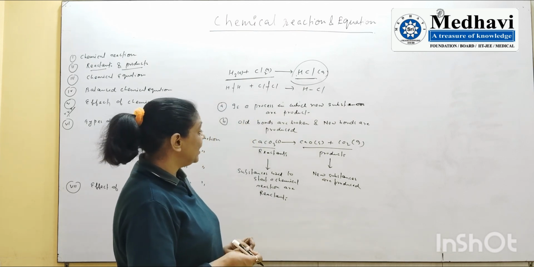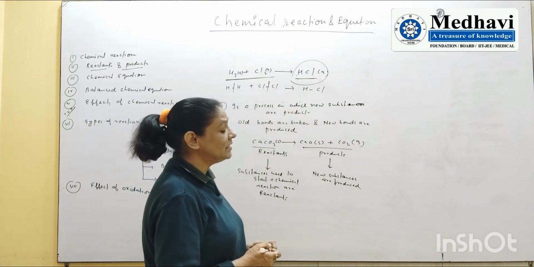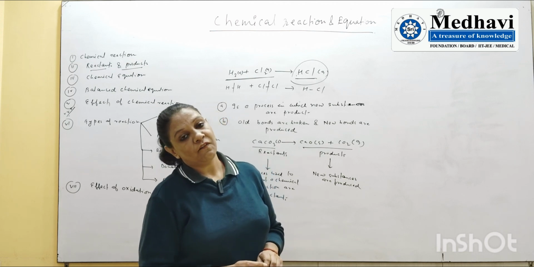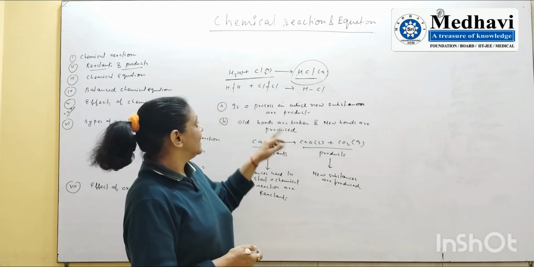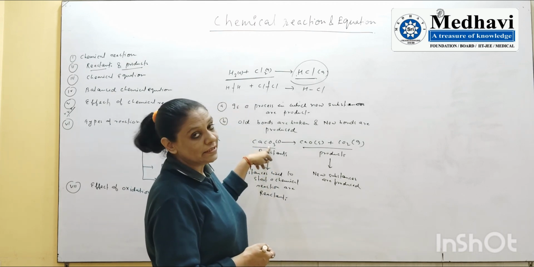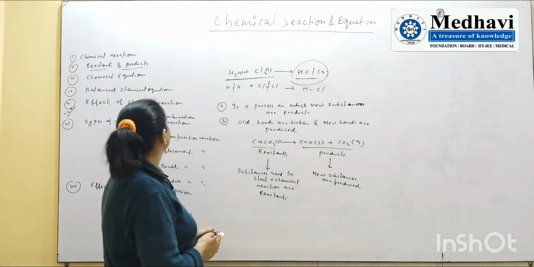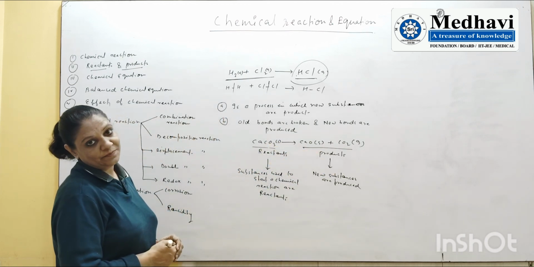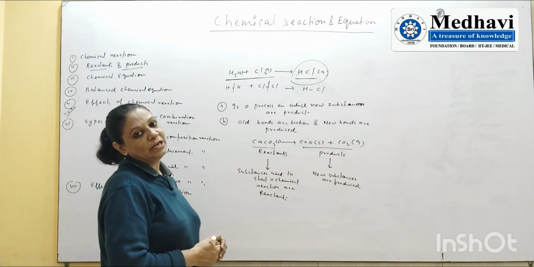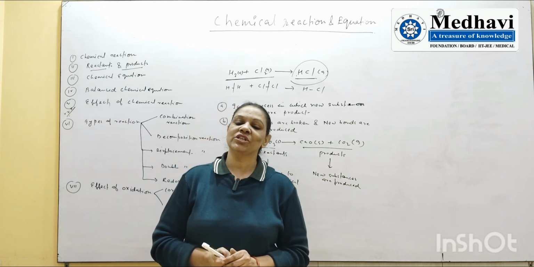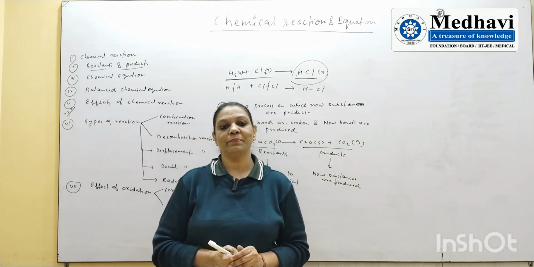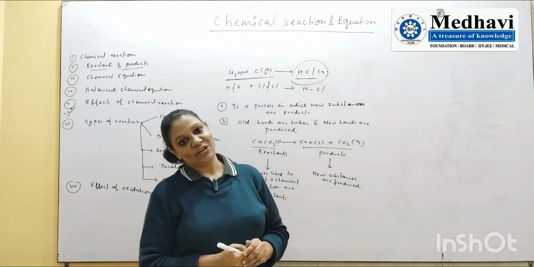And presentation of reactants and products in the form of an equation, as I have written here for calcium carbonate, is known as a chemical equation. So you can say chemical equation is the presentation of reactants and products in the form of an equation.